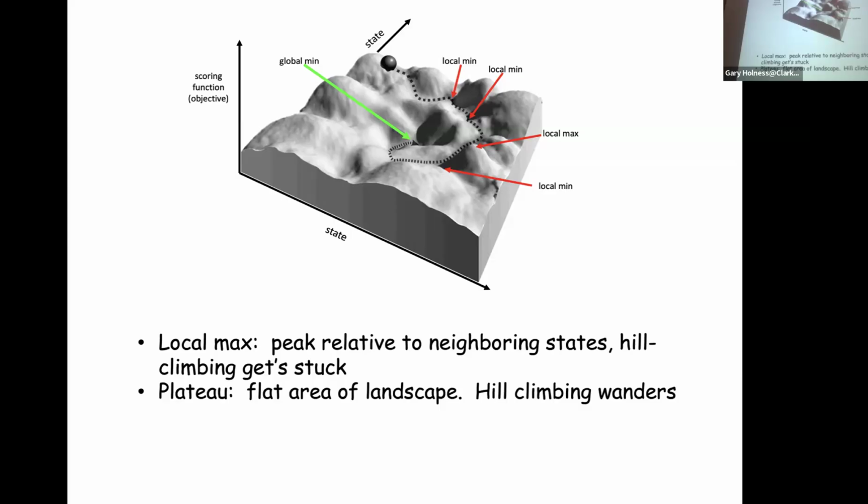No? All right. And so another feature that confounds greedy methods, hill climbing or gradient descent, is flat areas of a landscape. Now, of course, in practice, it's never completely flat, right? Maybe there's a little bit of an incline, but this little bit of an incline or decline is negligible, right? And in that case, your hill climbing or gradient descent is going to wander around.